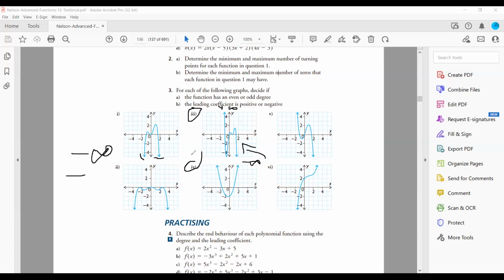In example 4, I have a really nice quadratic function, and I can see that the end behavior is positive infinity for both ends. So I can make a statement this is an even degree function, plus its leading coefficient is positive because it's concave up.